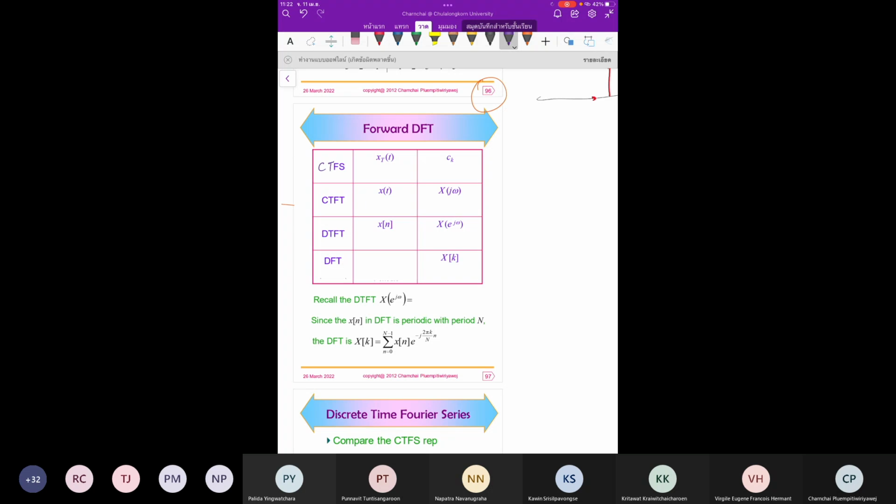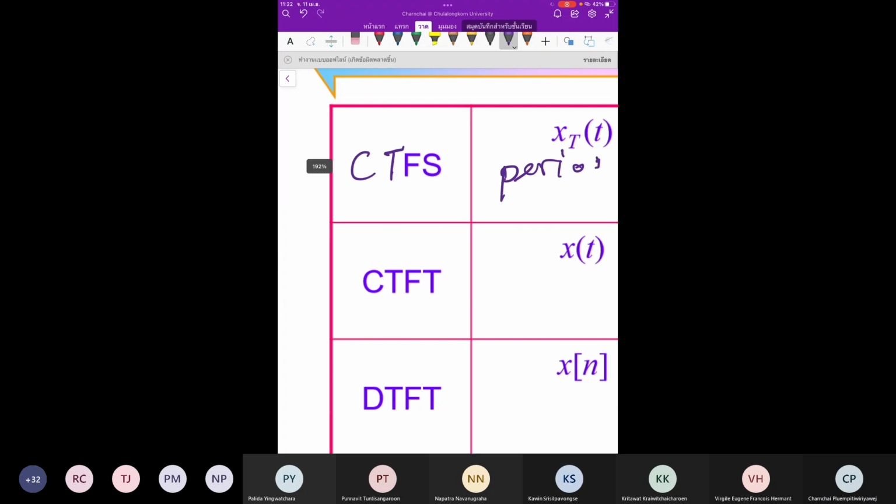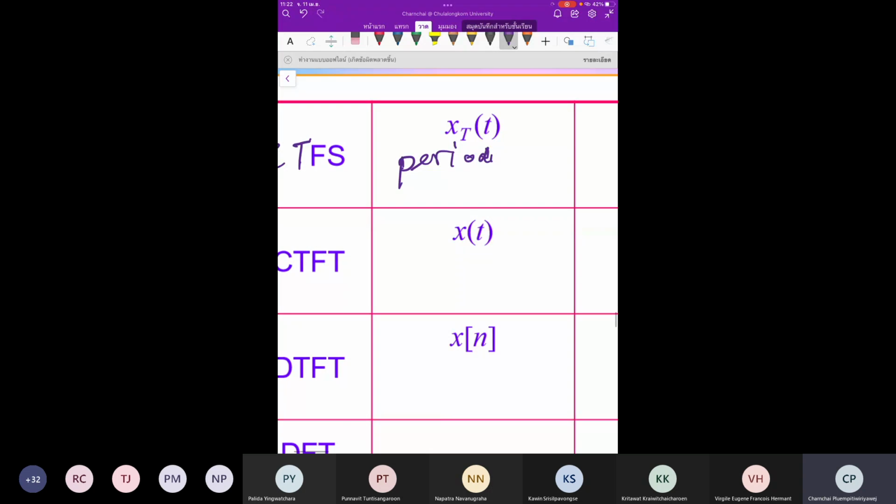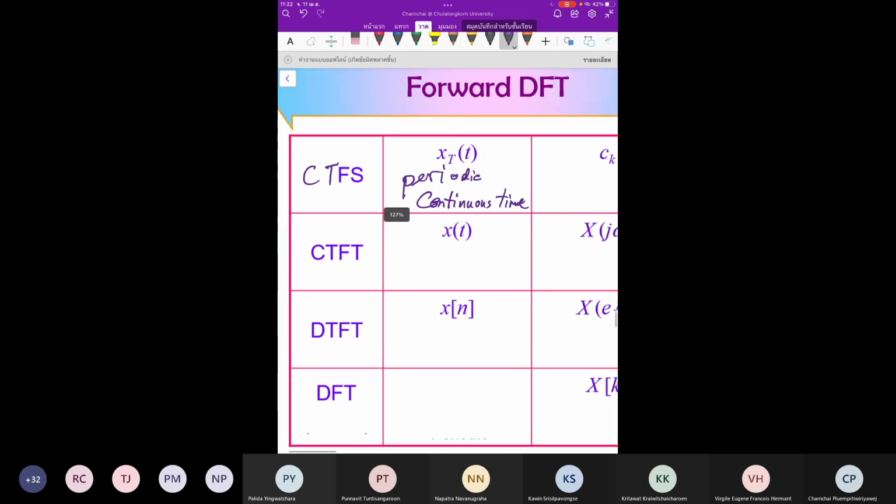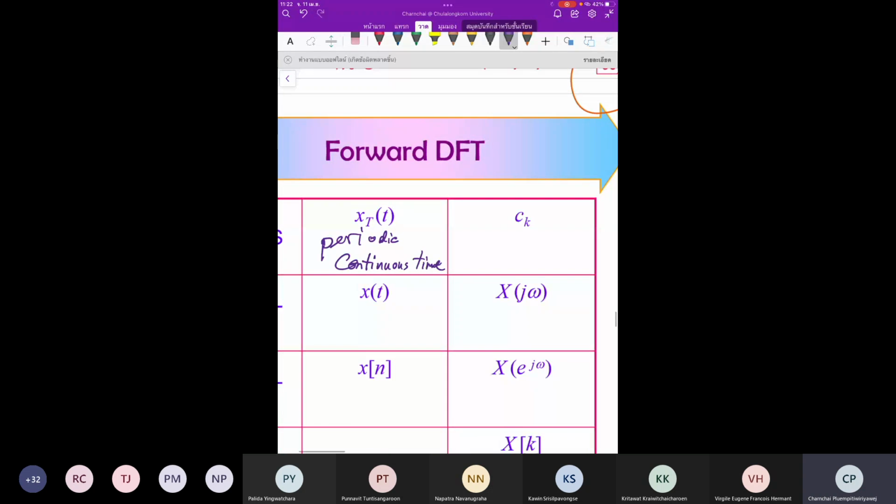x(t) in the time domain is periodic, continuous time. c_k is what?